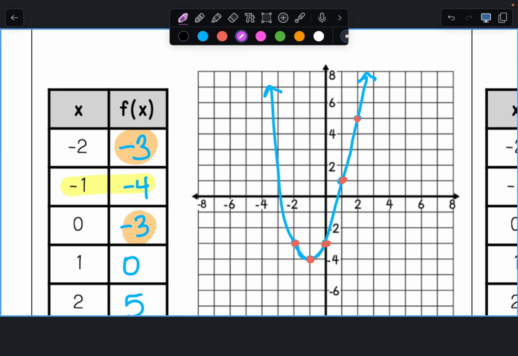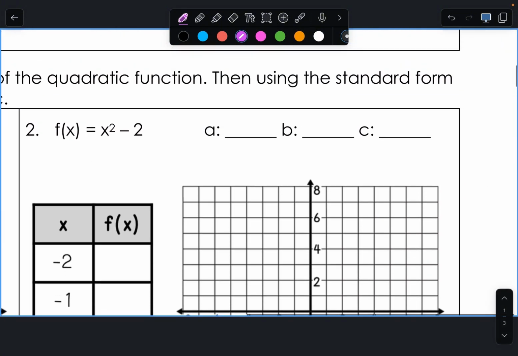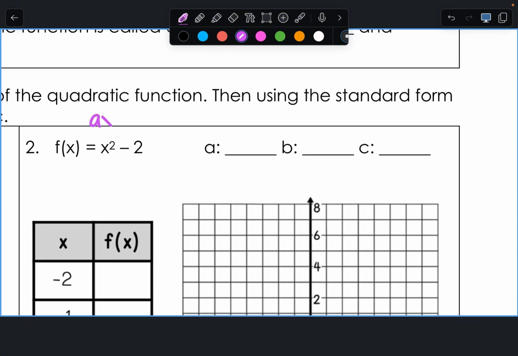All right, next one. I'm going to write ax squared plus bx plus c above it. A is what? 1. But that negative 2, what number does that represent? B or C? C. Why C? Because it's the last one. What happened in the middle one?